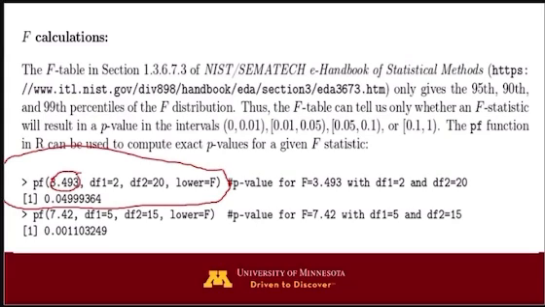You see that guy? Then we're going to have two different degrees of freedom. The first degree of freedom is the one that I call G minus 1. The second degree of freedom is the one that I call N minus G. Then all the time, when you are finding a p-value for F, it's always going to be lower.tail equals FALSE. Why?